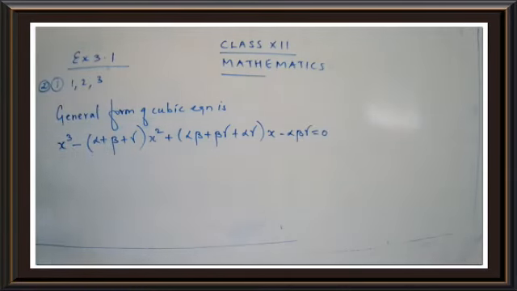Right. x cube minus alpha plus beta plus gamma the whole x square plus alpha beta plus beta gamma plus alpha gamma the whole x minus alpha beta gamma is equal to 0.